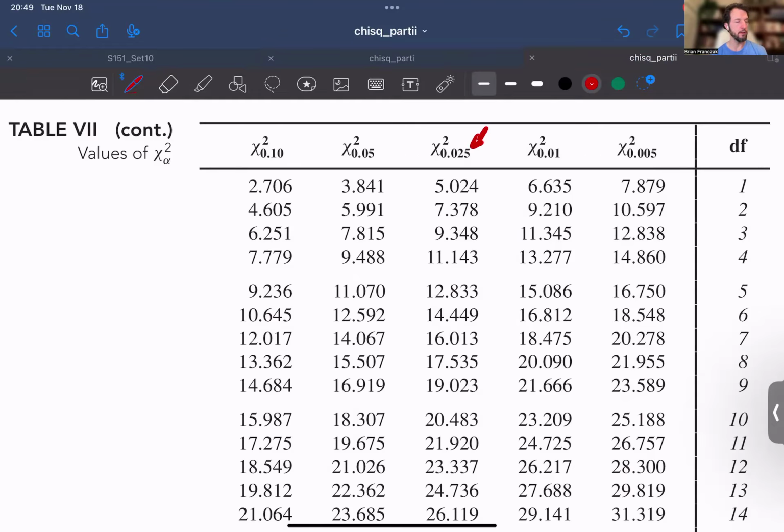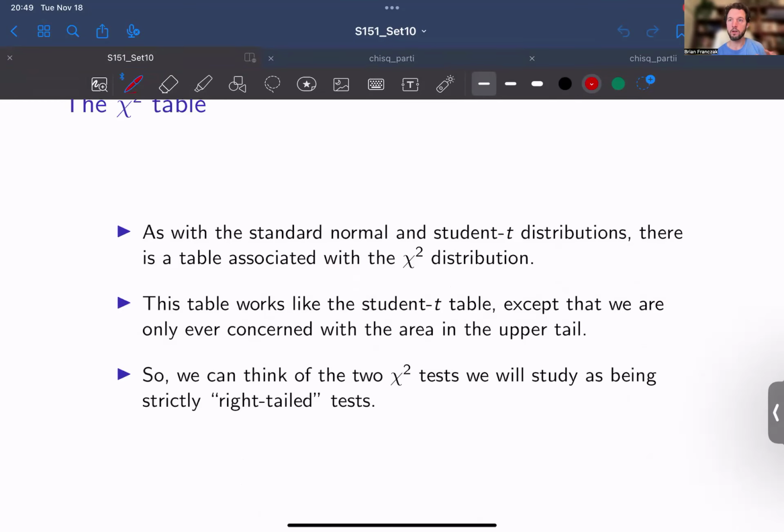I'll show you an example of how to use this table within the context of the chi-square tests in a little bit. We're going to talk about two chi-square based tests, but in this video we will probably only talk about the first one, and then I'll post a second video for the second test. Both tests use the chi-square table in the same way that we used our student t table.